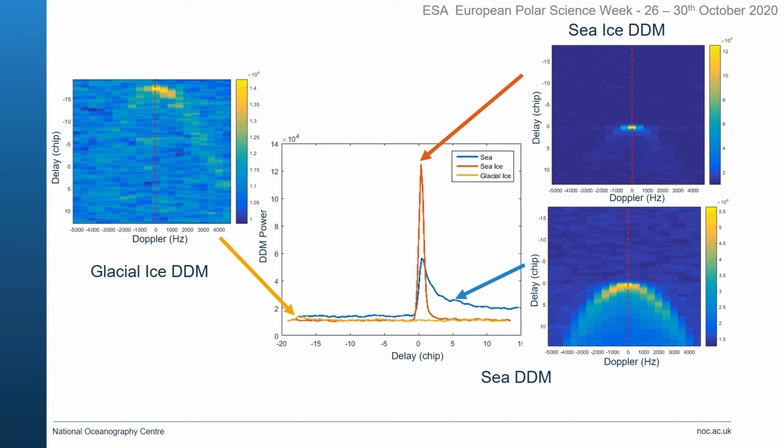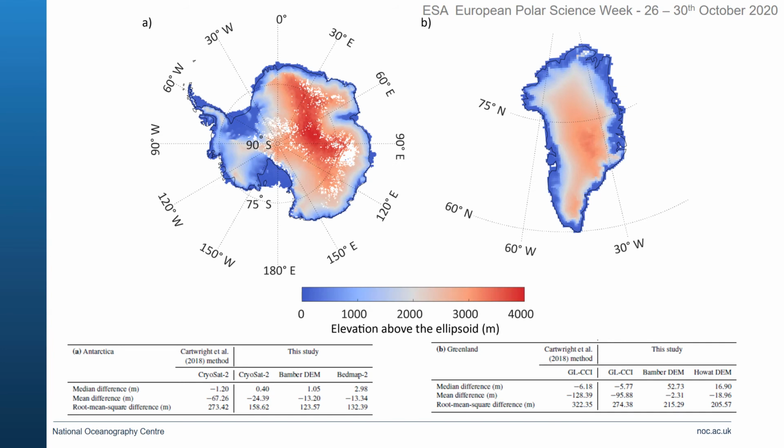The sea ice waveform is very high in power and steeply sloping, and the ocean DDM displays this classic horseshoe scatter that we expect from the rougher surfaces and that translates into this more gently sloping falling limb on our waveform. As we saw in the last slide, the change of the peak in the delay domain allows the calculation of the height of the surface.